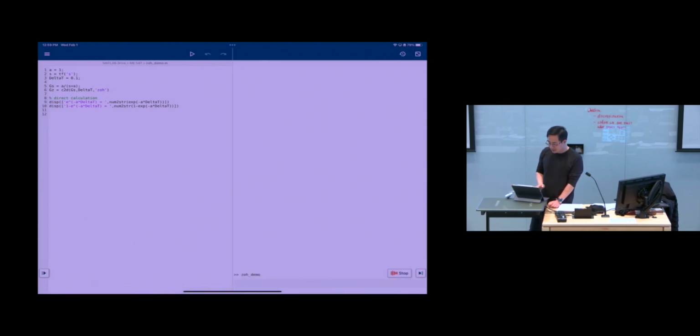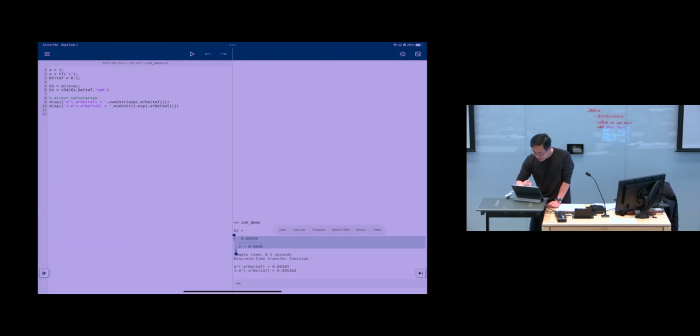Then here comes the result. You can see the result on the bottom right. We have a first order discrete time system. The parameters of the discrete time system based on our calculation should depend on this.